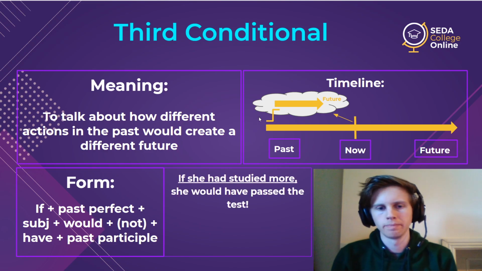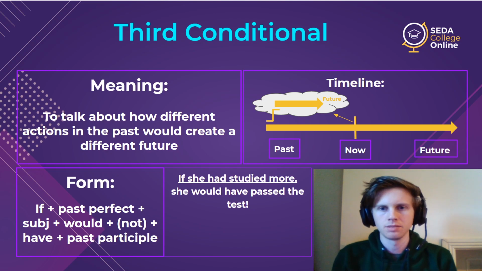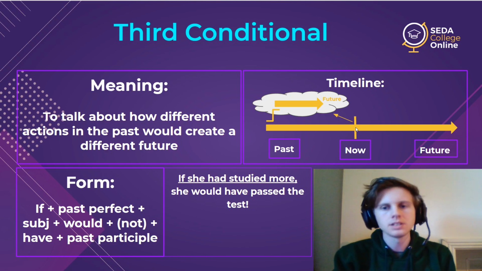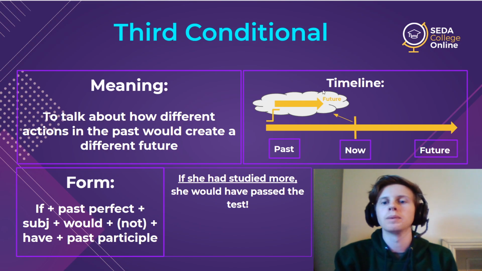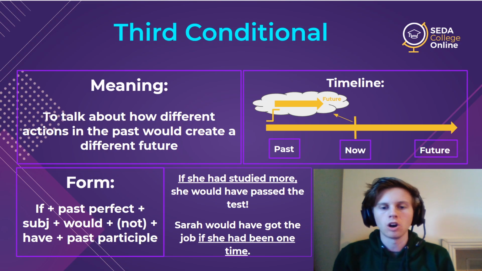So for example, if she had studied more, she would have passed the test. So I'm standing now. She did not pass the test. She failed. But if we went back and she had studied more, well, she would have passed. That's the new future. Or Sarah would have got the job if she had been on time.